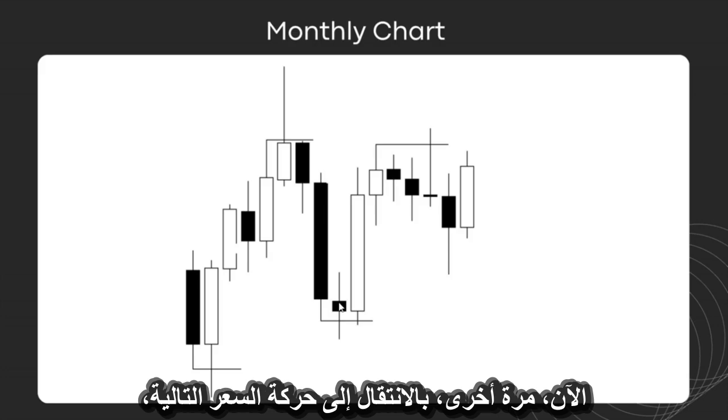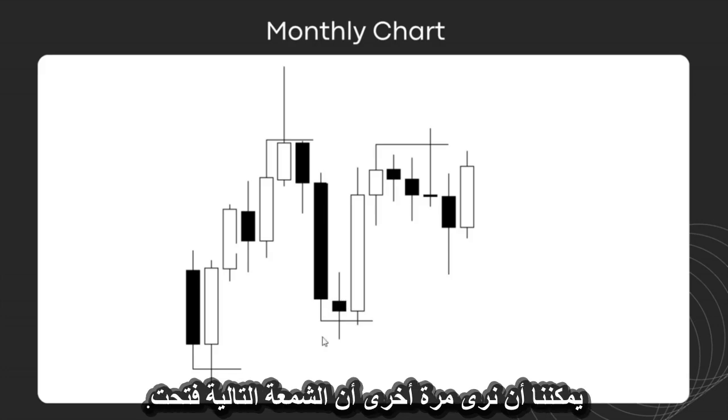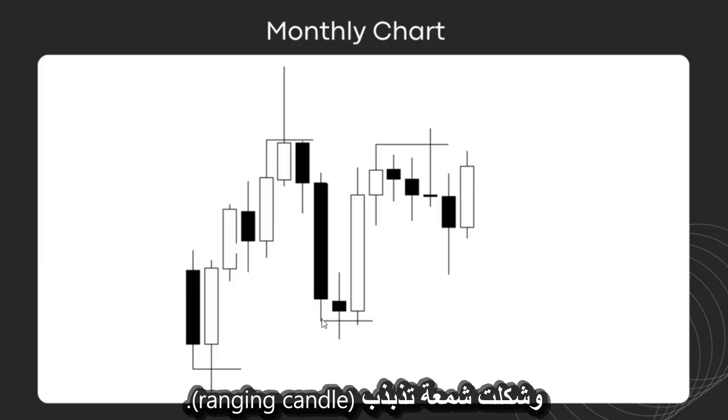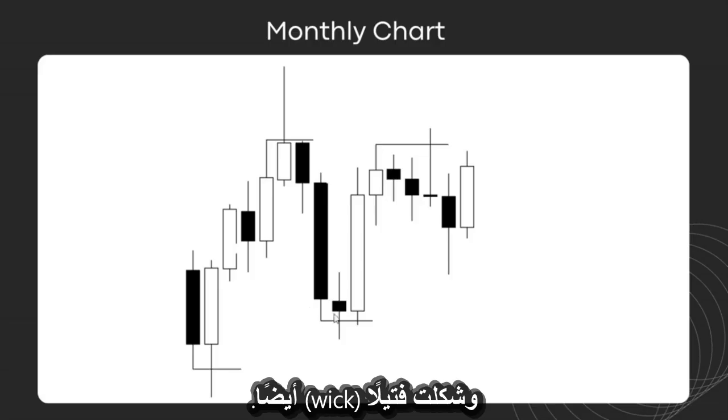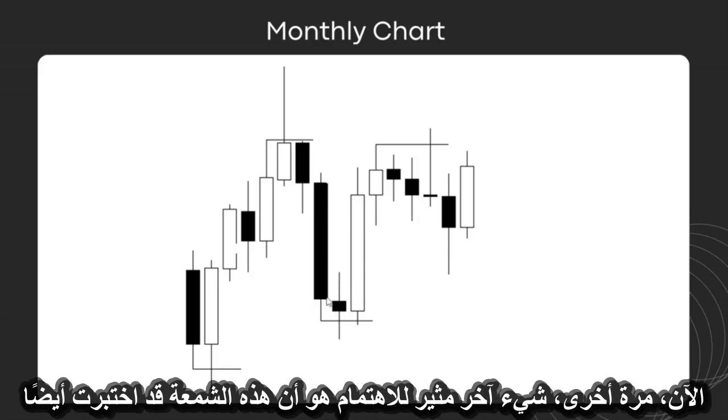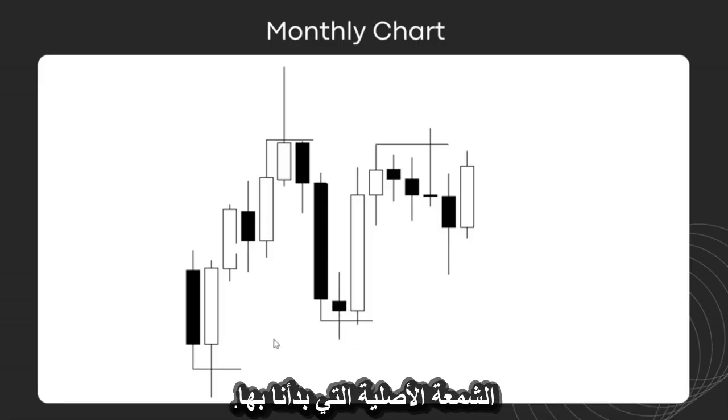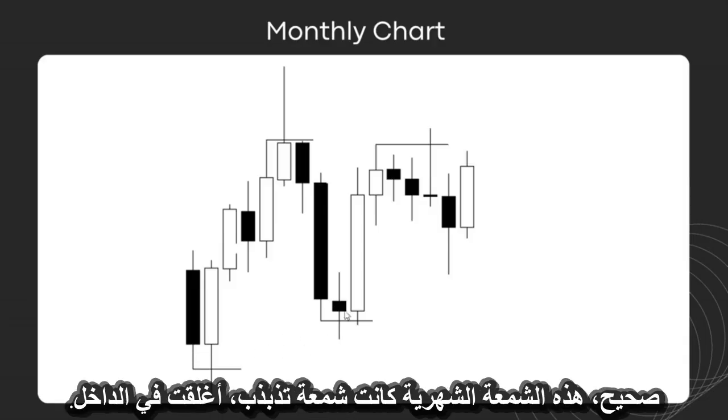Now, moving on to the next price section, we can see the next candle opened and formed a ranging candle, closed inside this big bulky candle right here, and formed a wick too, right? Another interesting thing is that this candle also tested the original candle that we started off with. So this monthly candle was a ranging candle.